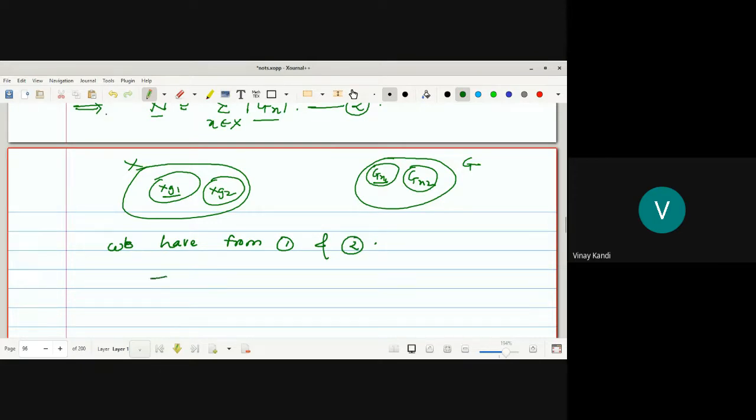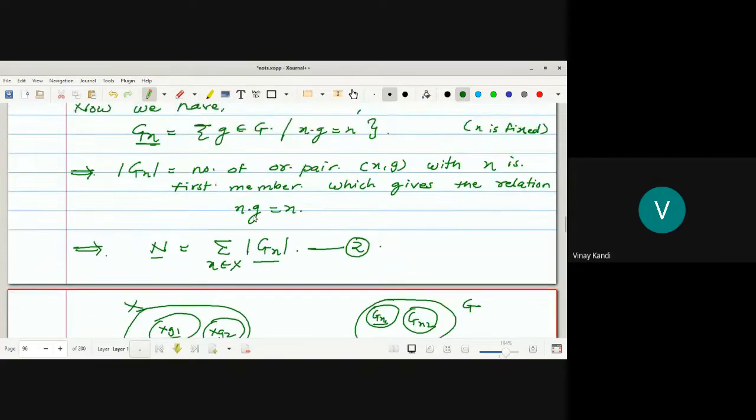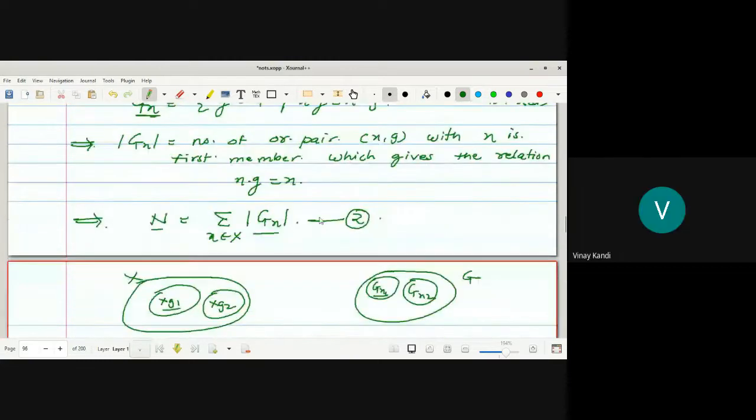What is the equation? The summation over g belonging to capital G of the order of xg is equal to the summation over x belonging to capital X of the order of gx. Is it correct? Yes, sir.